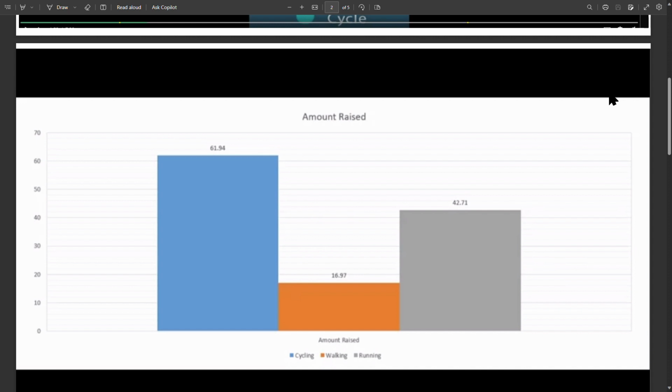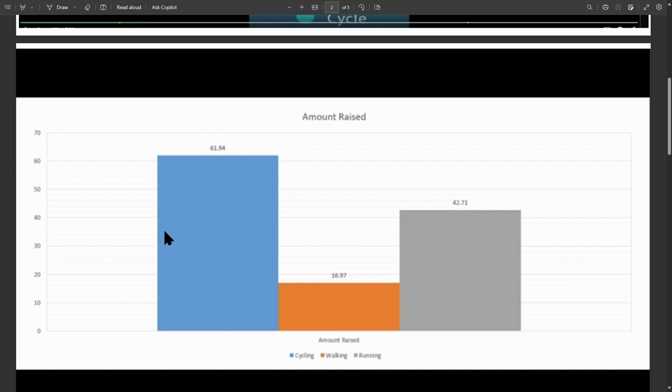Don't you? Of course you do. Therefore, let's start with the bar graph and plot the values for cycling, walking, and running as bars.